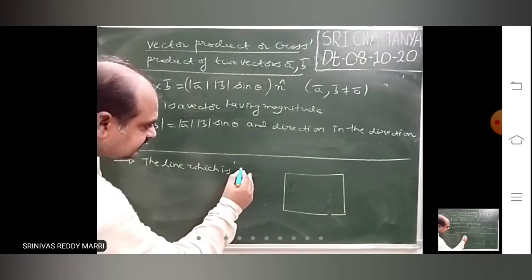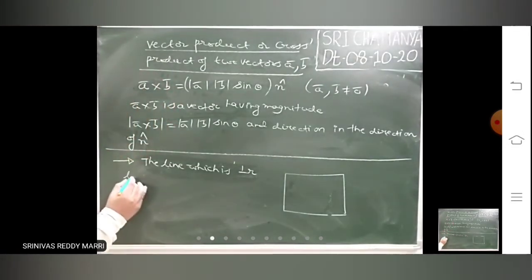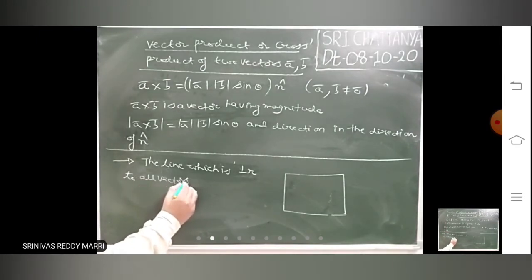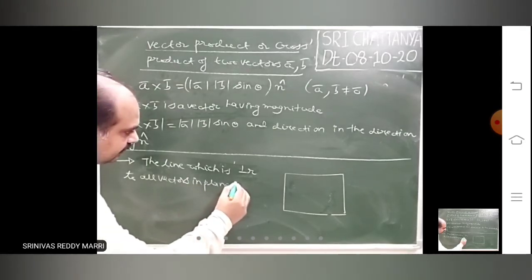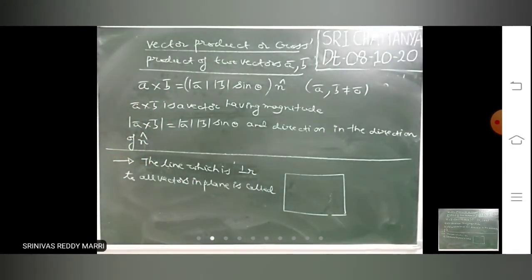The line which is perpendicular to all vectors in the plane is called the normal line.